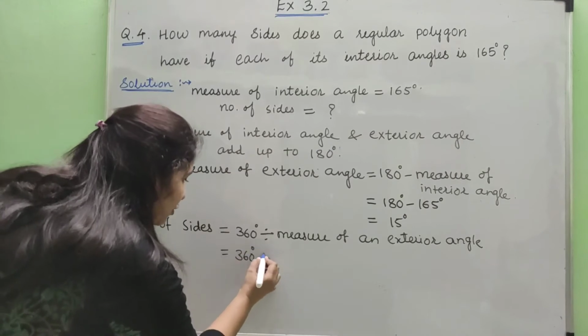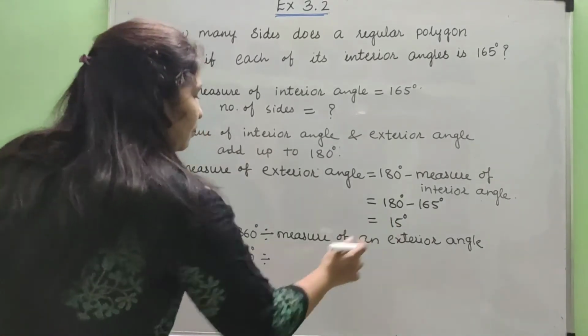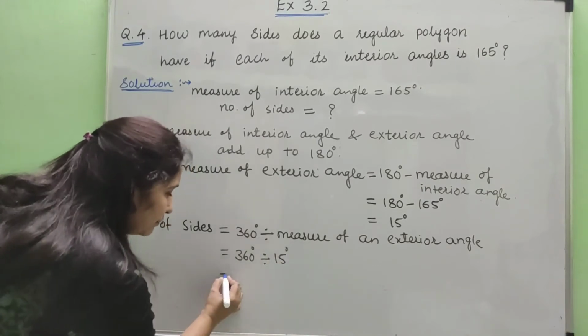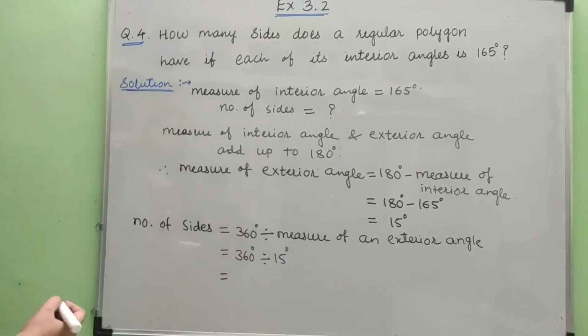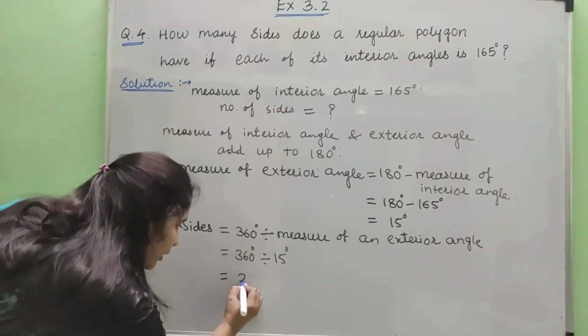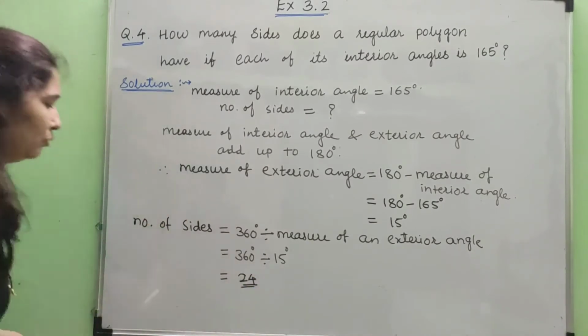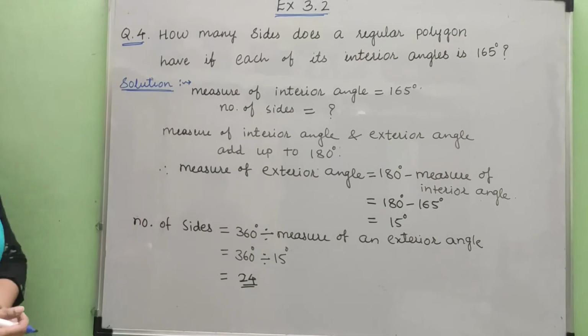Replace this measure of an exterior angle by 15 degrees, is equal to... 15 twos are 30, and 15 times 24 gives 360, so we are getting here 24. So the number of sides is 24.